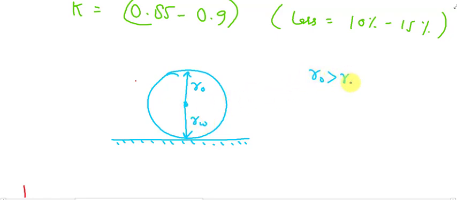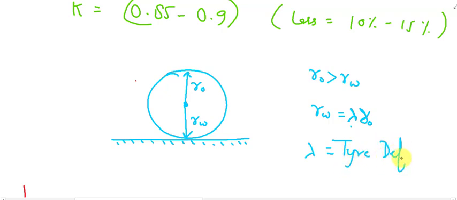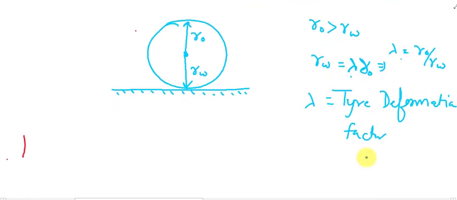So in this case, R0 is greater than Rw, or we can say that Rw is lambda R0. This lambda is known as the tire deformation factor, and the value of the tire deformation factor is lambda equal to Rw upon R0.